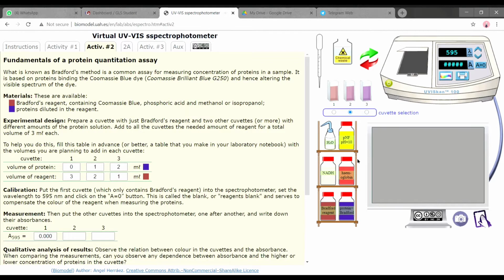After all the cuvettes are prepared, we can pour it in the spectrophotometer once a time.